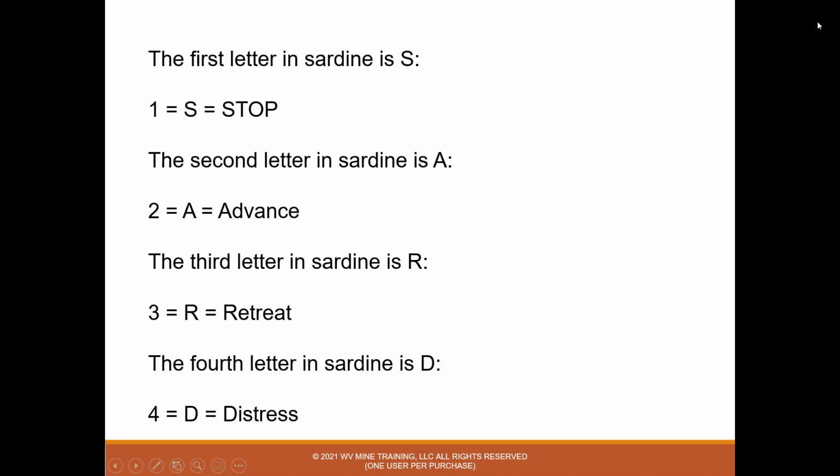The second letter is A, which is equal to advance. The third letter is R, which is equal to retreat. And the fourth letter is D, and 4 is equal to D, which is equal to distress. So hopefully this will make sense as we go through these questions.